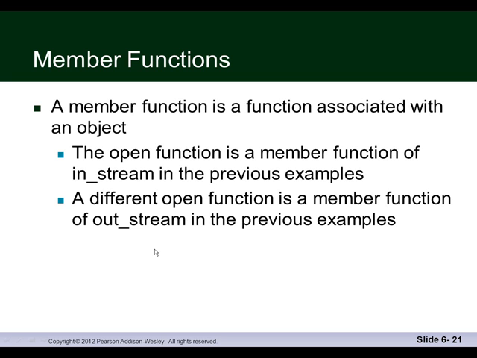So even though we call them the same, they might not be doing the same thing. For example, ofstream is going to open it up for output, ifstream is going to open it up for input. So some of the things are going to be different, but we call it the same, so we know that it's going to be opening a file.